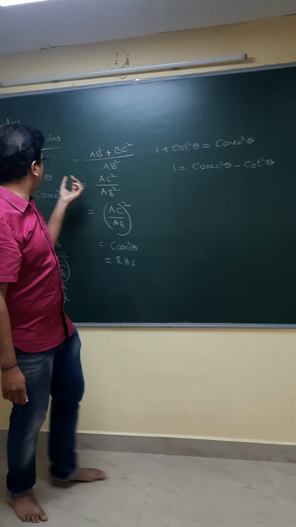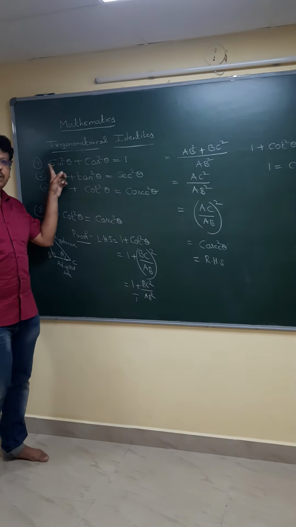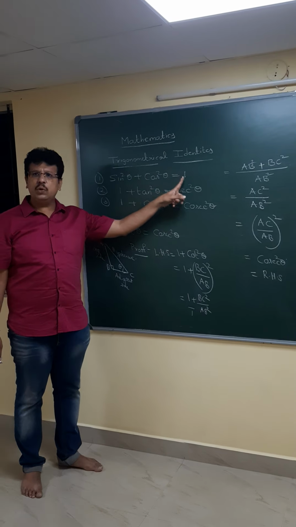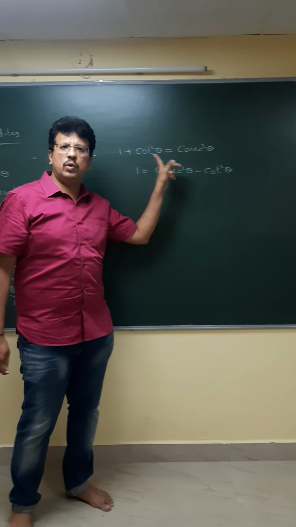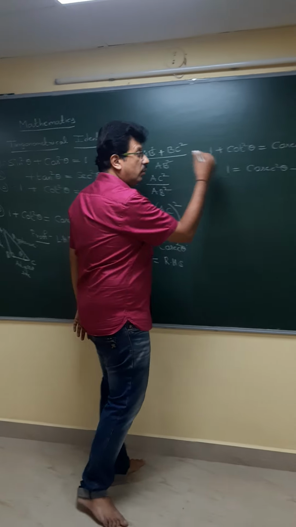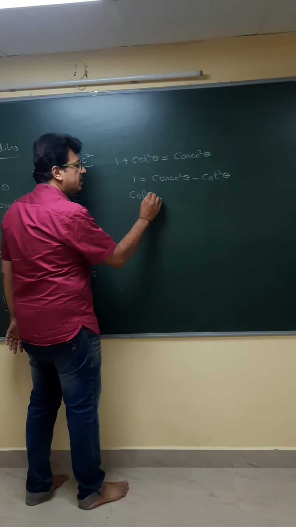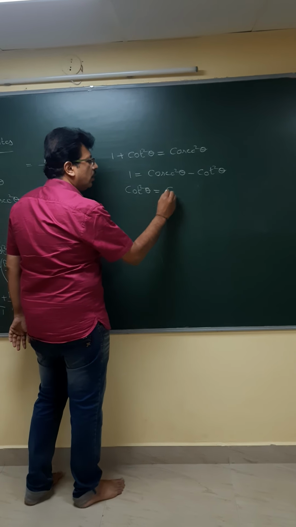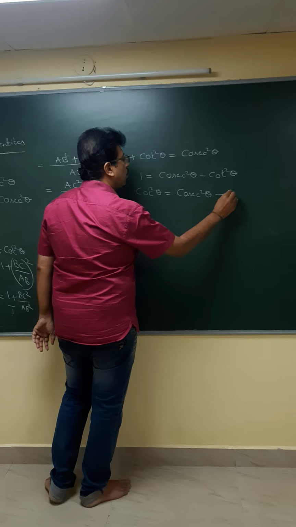Is it that I have to apply secant square theta minus tan square theta as 1, or sin square theta plus cos square theta equal to 1, or cosec square theta minus cot square theta equal to 1? So it depends on the problem. Now one more way you can write the identity: cot square theta is also equal to cosec square theta minus 1.